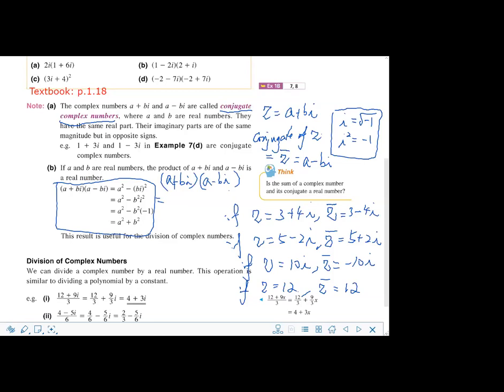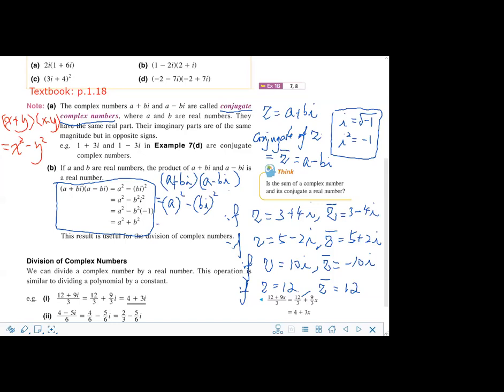We know that x plus y times x minus y is always equal to x squared minus y squared. In this case, the x is just a, so it becomes a squared, and then minus the y squared. The y is bi, so it becomes (bi) squared.